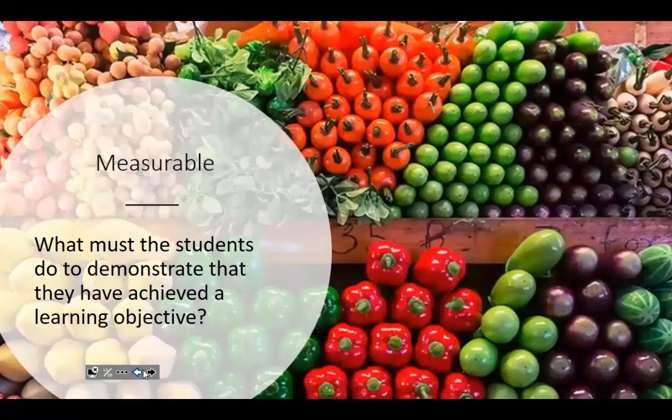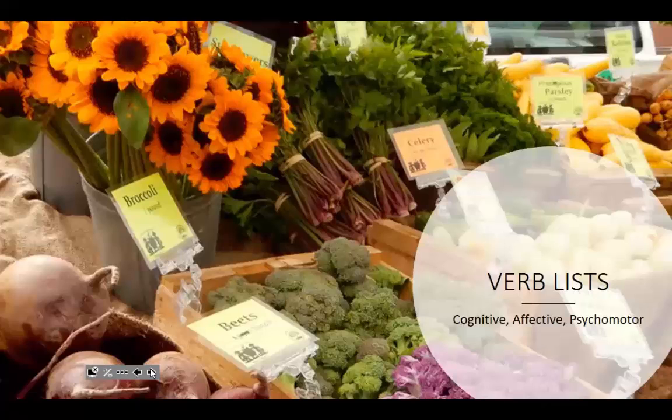And the easiest way to make sure your objectives are something that your students are doing, not thinking about, not "students will understand," are your verb lists. So let me explain to you what you have with your verb list.